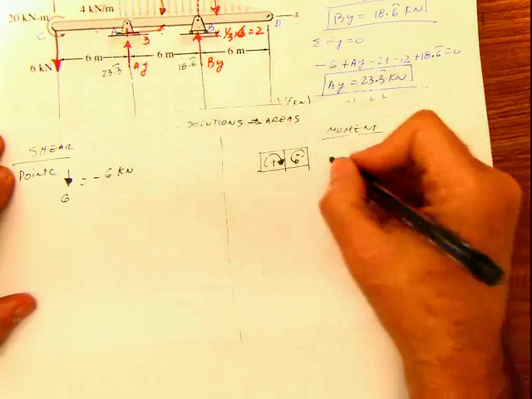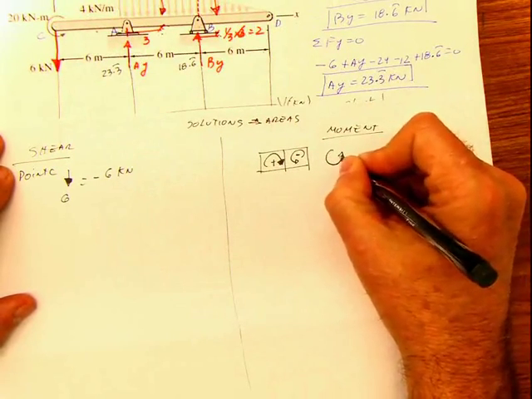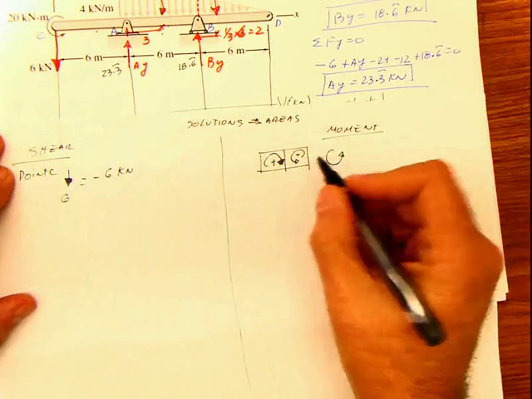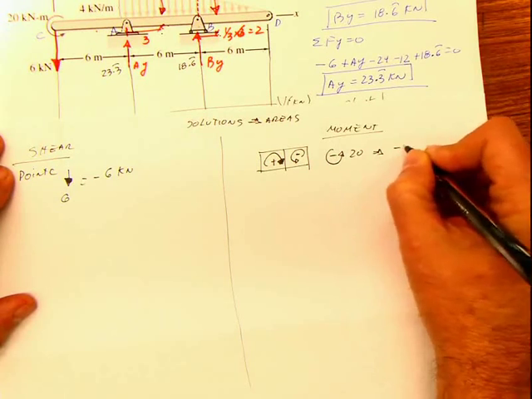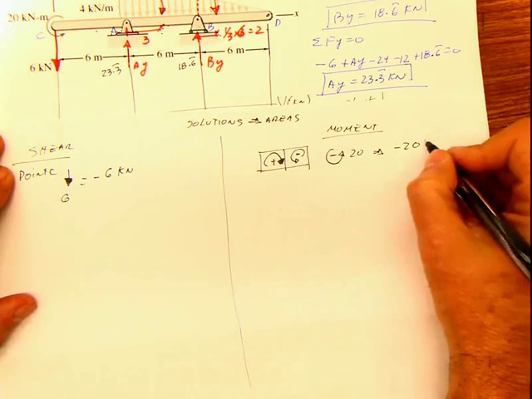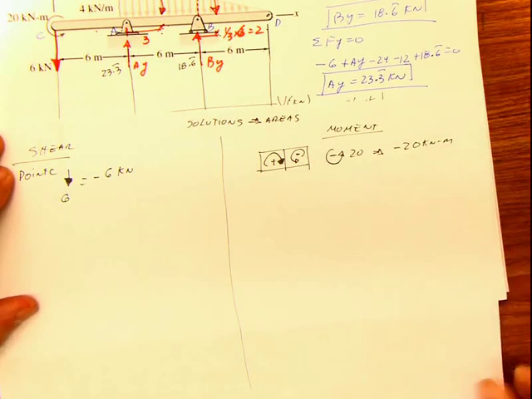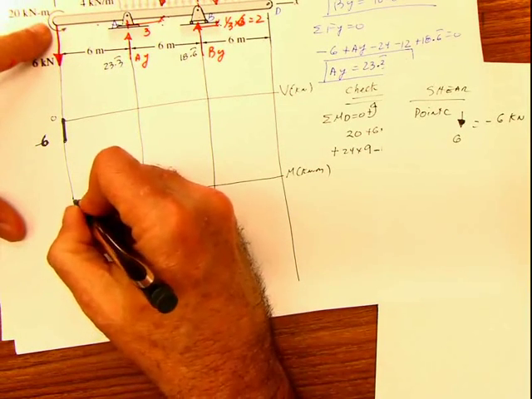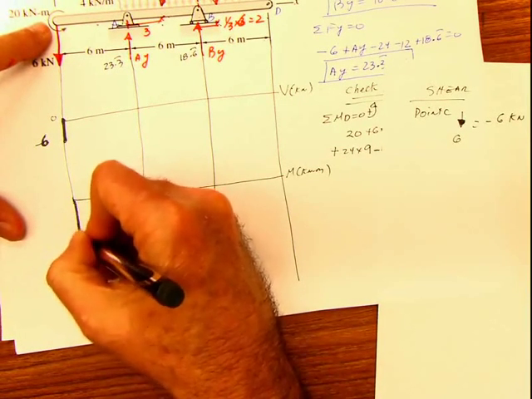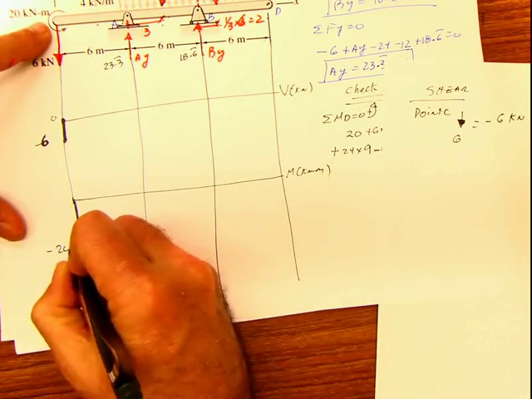The moment that I have goes in this direction, which according to this is negative, and it's 20. So I'm going to start with negative 20 kilonewton meter. That's this point here, and this is going to be a jump here, negative, down, up to negative 20 here.